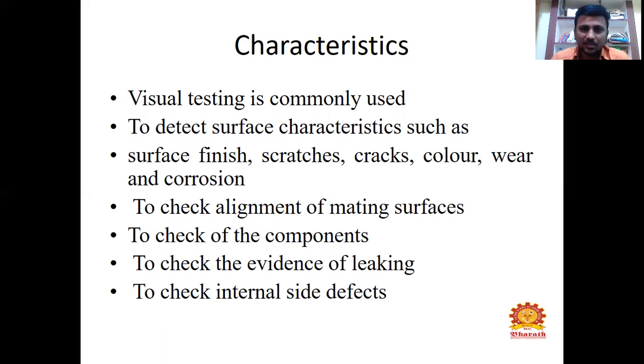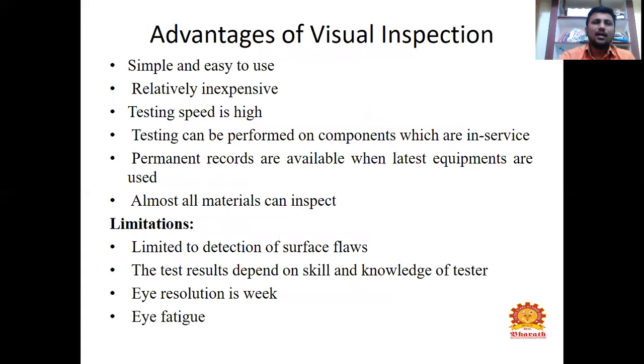And check the evidence of leakage. If a defect has happened, we can directly see the evidence of leakages. And to check internal side defects, we can also find that using this visual inspection method.